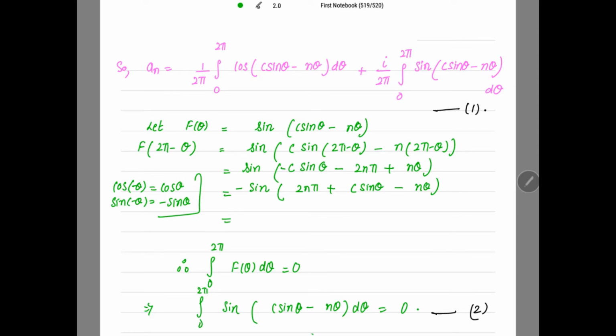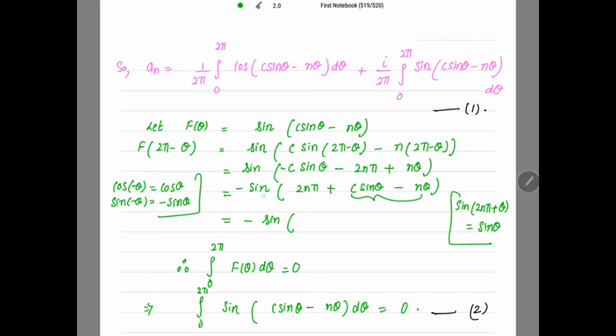Further, this is equal to minus sine, yes. Now here I am having 2n pi plus some angle. Now what is sine of 2n pi plus some angle? See, sine of 2n pi plus any angle theta is equal to sine of theta, right?